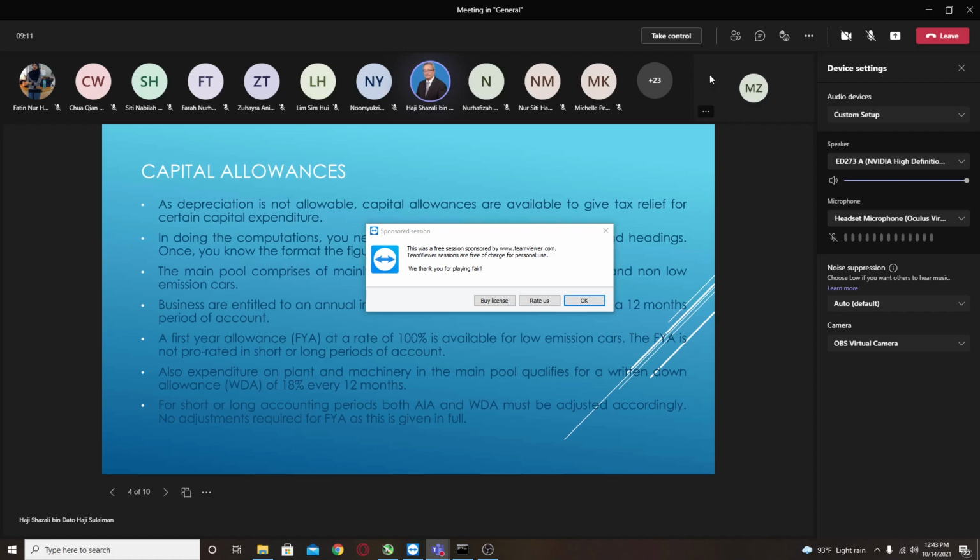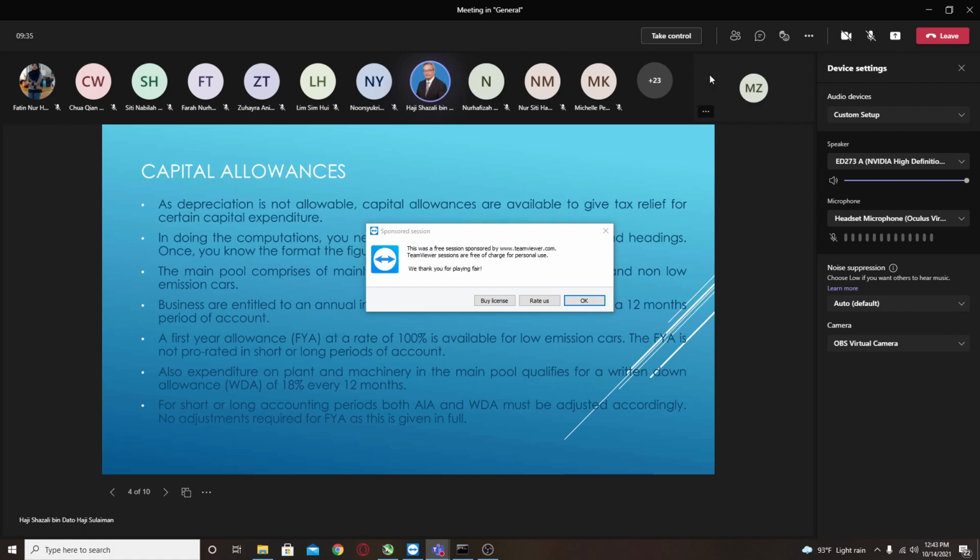As I mentioned last week, sometimes the government uses capital allowances for government policies in terms of encouraging investment. In Brunei, for example, you want to encourage companies to buy plant and machinery, build a factory, expand the business.